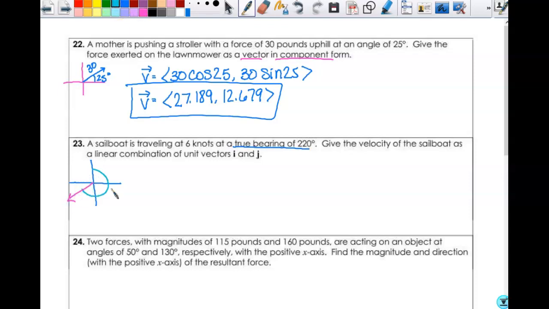This was 220 degrees. I know that if this is 180 right here, then this part right here has to be 40. I need theta. Theta starts here. That would be 180 plus some. If this is 40, this is 50. So it's going to be 180 plus 50, and that would give me 230 degrees. That is theta.